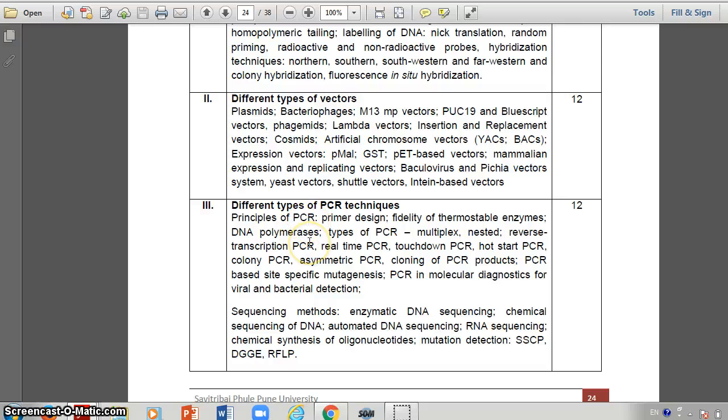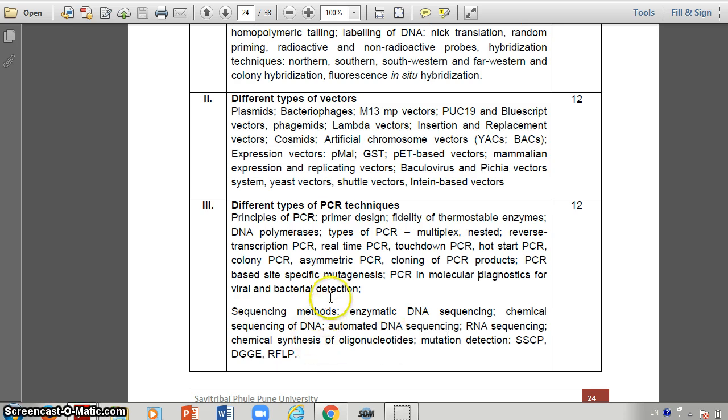In that we are going to see what is PCR, what is the principle, and which types of enzymes are used. Then in types of PCR we are going to deal with all the types like real-time PCR, reverse transcription PCR, hot start PCR, asymmetric PCR, and cloning of PCR products.